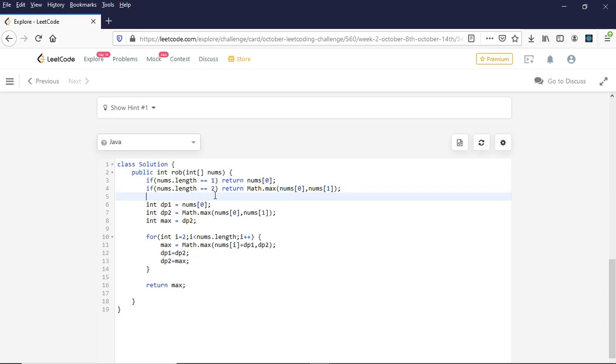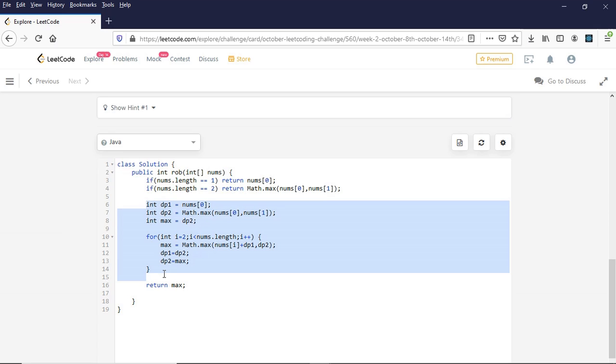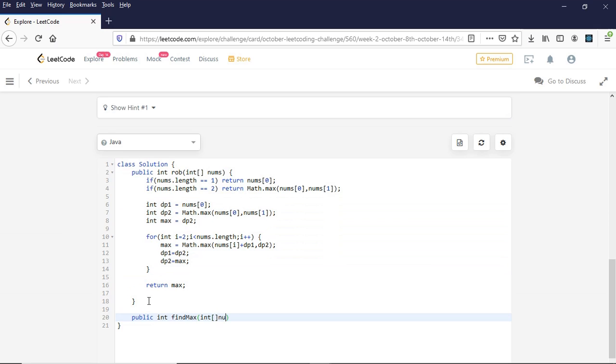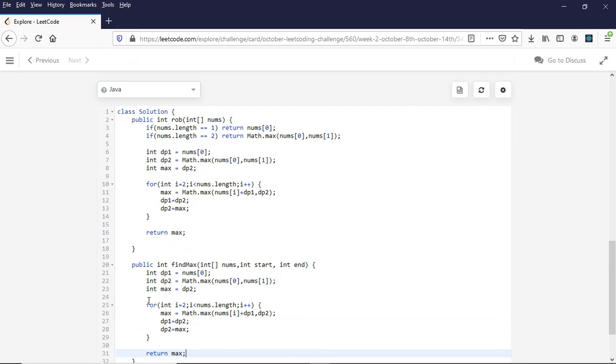Then if my nums dot length is 3 or more, in that case we will do this logic, right. So, here again dp of 1 is max of nums of 0 and nums of 1, right. So, let me take this out in a function. So, I have copied the exact same thing from here to here.